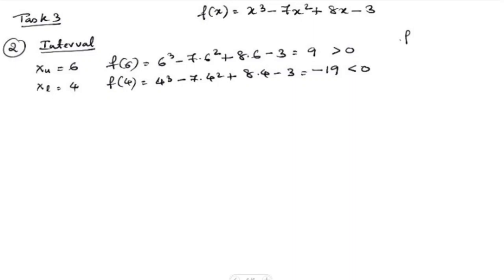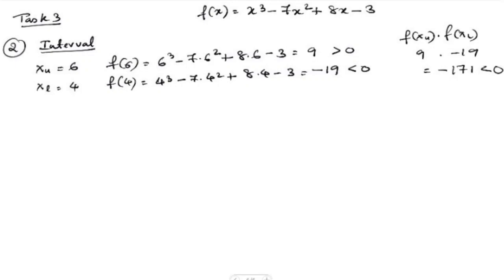If we multiply f of xu times f of xl, which is 9 times minus 19, this is equal to minus 171, which is less than 0, which means there is a zero in this interval.